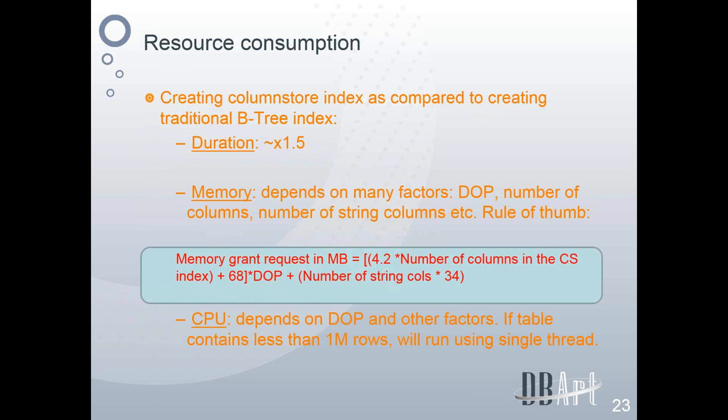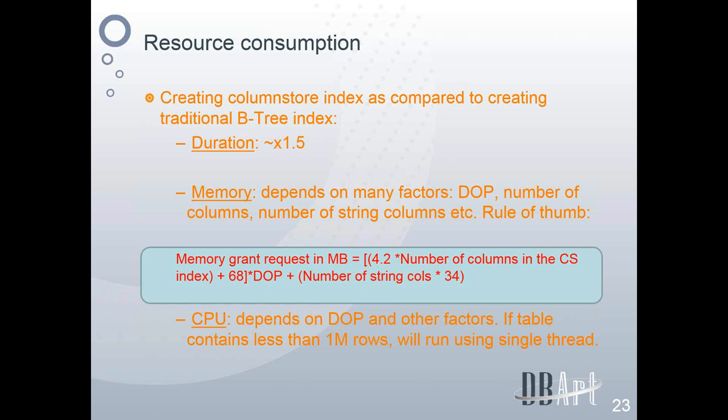Okay. Resource consumption. Creating a Columnstore index is a very resource consuming operation. On the other hand, Columnstore index can be created on Enterprise edition, so it's an enterprise feature, and your servers are in accordance with it. Usually they are strong and contain much memory.